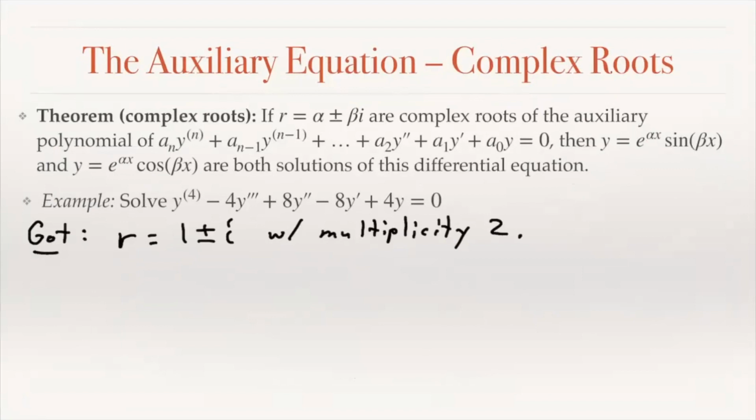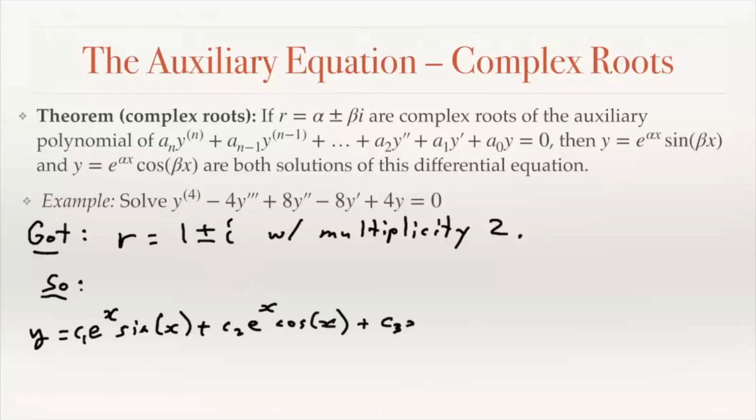What are the 4 solutions? Well, if you guess that it's the ordinary complex solution and then we stick x's in front, just as we did before for repeated roots, you are completely correct. So y is c1 e to the x sine x plus c2 e to the x cosine x plus c3 x e to the x sine x plus c4 x e to the x cosine x.